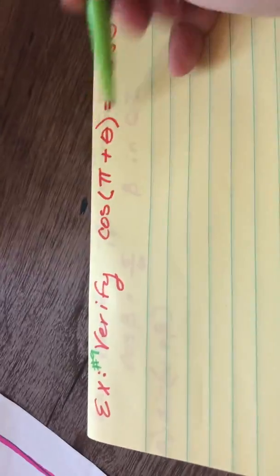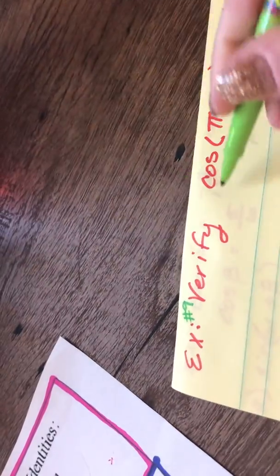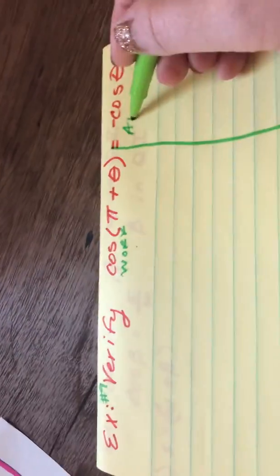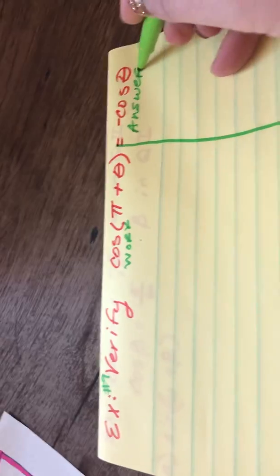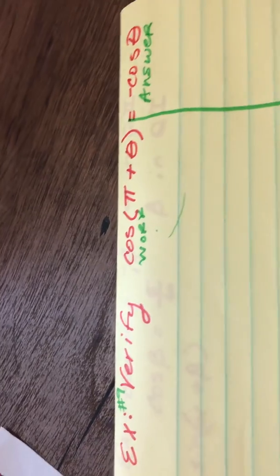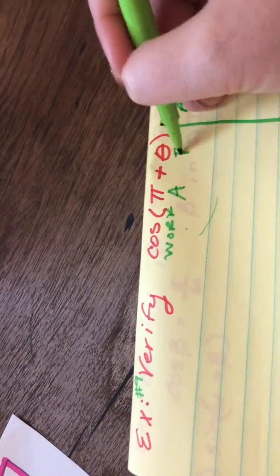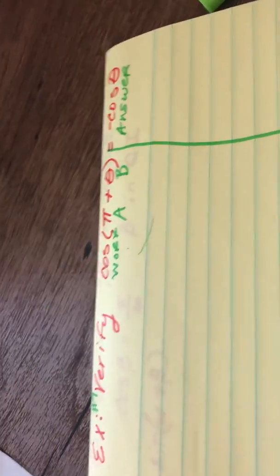Okay, so this is like identities. This is where we work on the left, and the answer is supposed to be what we get on the right. So let's see here. I'm going to use a formula. Let's look for something that says cosine pi plus theta, where A is pi and B is theta.